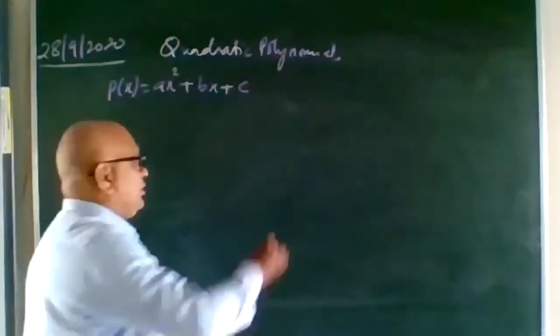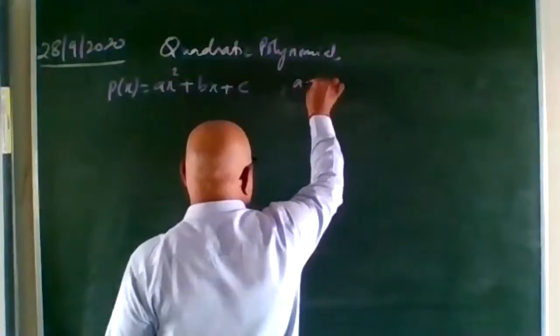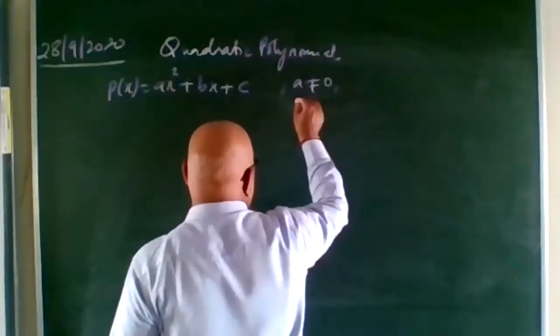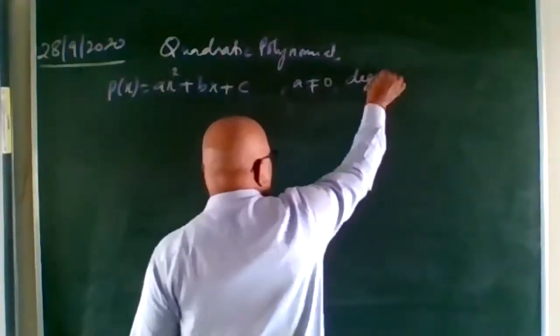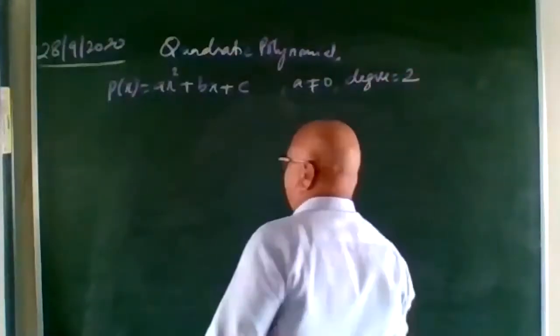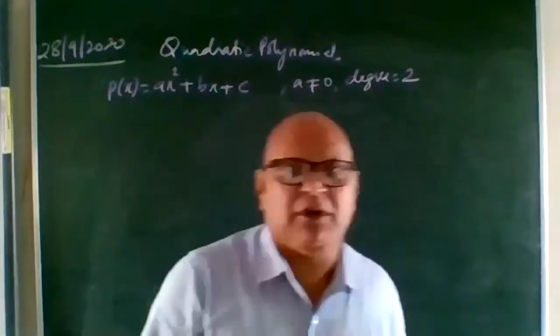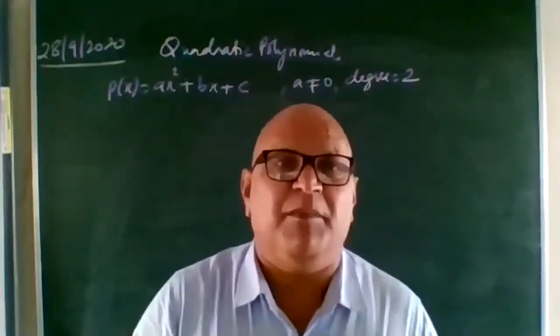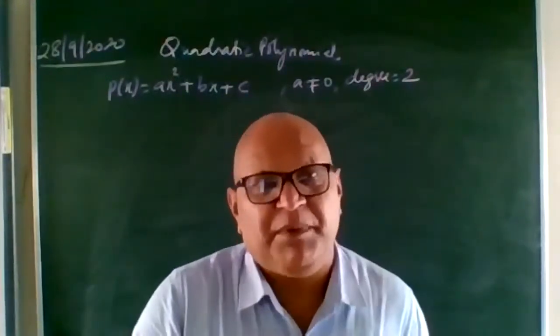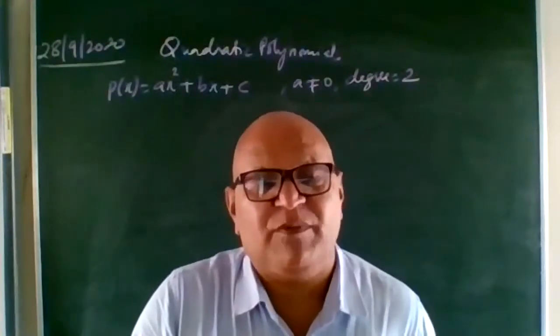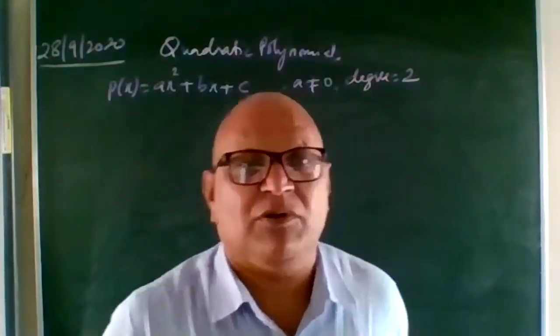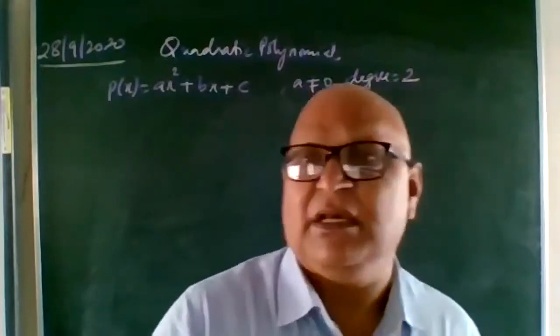The quadratic polynomial, a not equal to 0, degree 2. This is a quadratic polynomial. The standard form of quadratic polynomial is what? p(x) equal to ax square plus bx plus c.